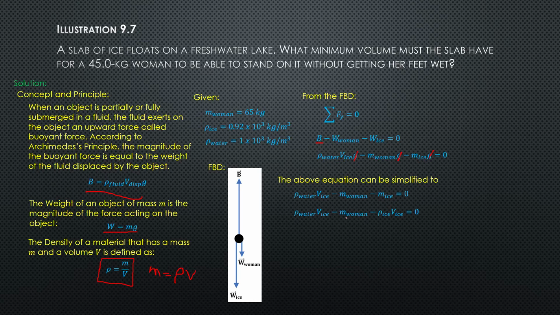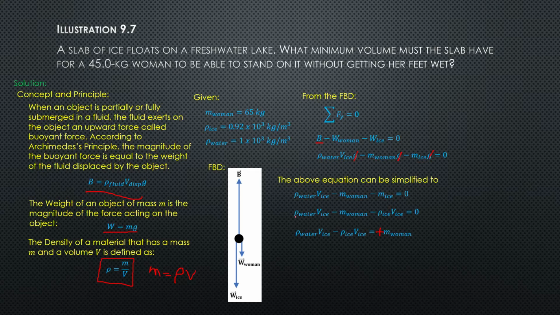Now combining those that have similar terms, which is the volume of the ice, the mass of the woman will be transposed to the other side. So that gives us this. Oops, so negative becomes positive, so this is a positive value. The negative mass of the woman transposed to the other side becomes positive.